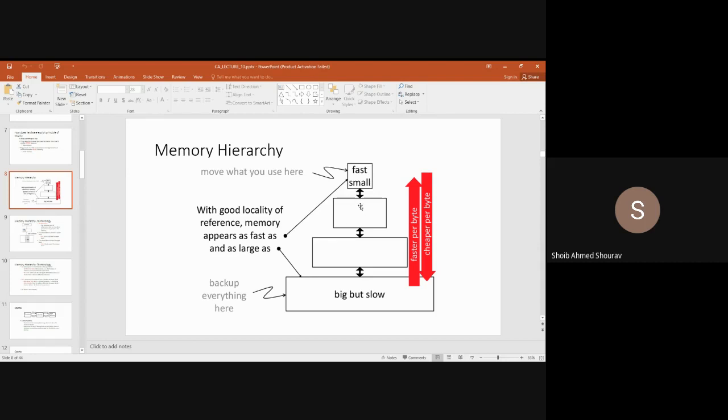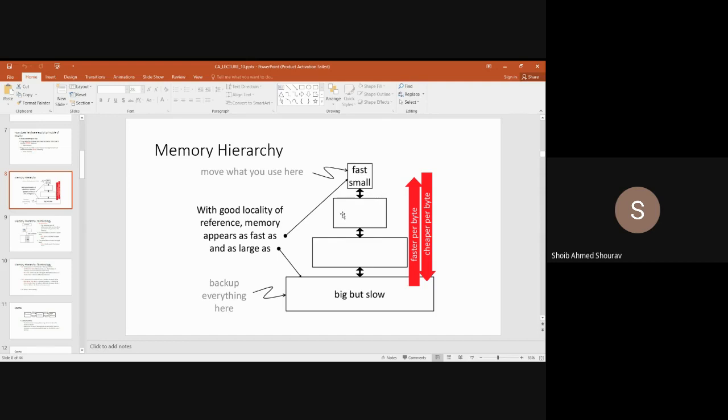If something is present in the cache memory, it can be accessed faster, so it is a hit. If something is not present in the cache memory, the access time will be much longer, or slower, then it is a miss.